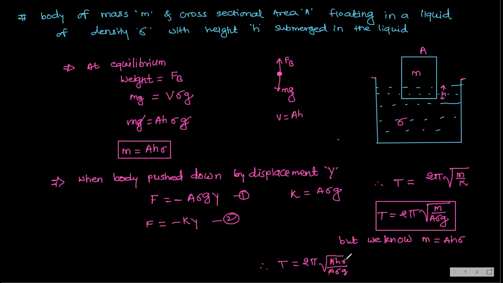This A cancels with this A. This sigma cancels with this sigma. And what is my final time period formula? Time period T is equal to 2 pi under root H by g, where H is the height of the submerged block, that is how much height of that block is immersed into the liquid, and g is acceleration due to gravity. So in such cases, which formula you have to use? T is equal to 2 pi under root H by g. Understood? Note it down fast.